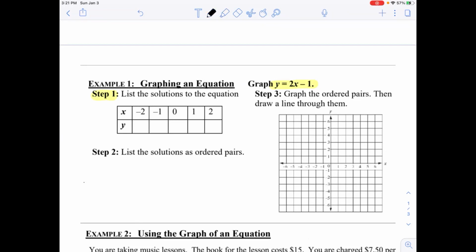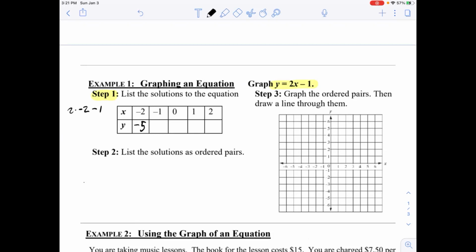If x is negative 2, then y is 2 times negative 2 minus 1. 2 times negative 2 is negative 4. Negative 4 minus 1 is negative 5. Okay?